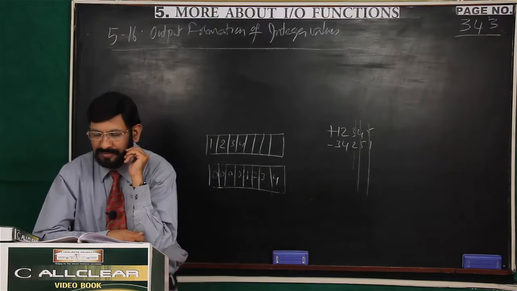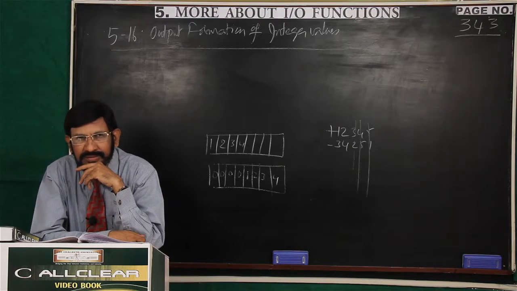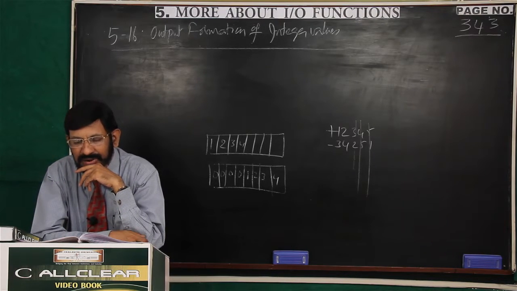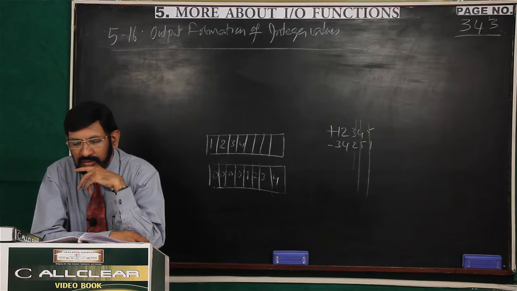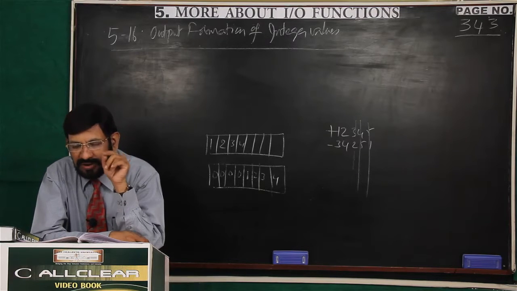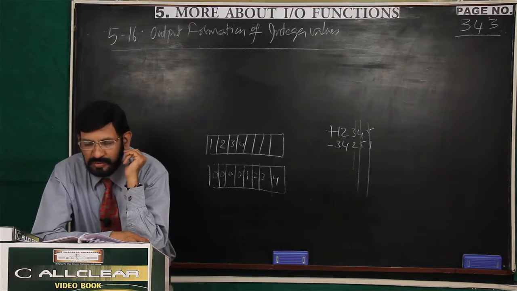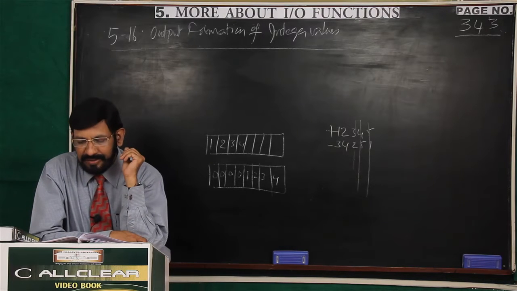Now you see 5.19: %+d with 1, %+d with 12, %+d with 123. Now you force the printf statement to print plus, so plus is inserted between percent and d, then it is printed.